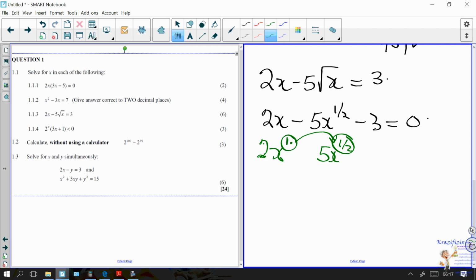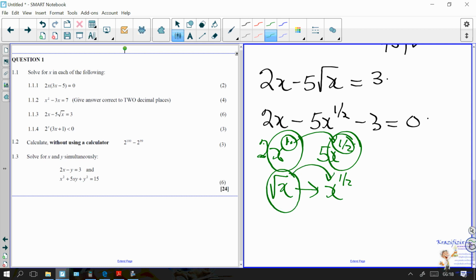If you divide 1 by 2 to get that, or you find the square root of x as a whole, what is the square root of x? It is going to give you x to the power half. So once the square root of this x gives you that, you can work with it as a quadratic. So automatically we said this is a quadratic equation.